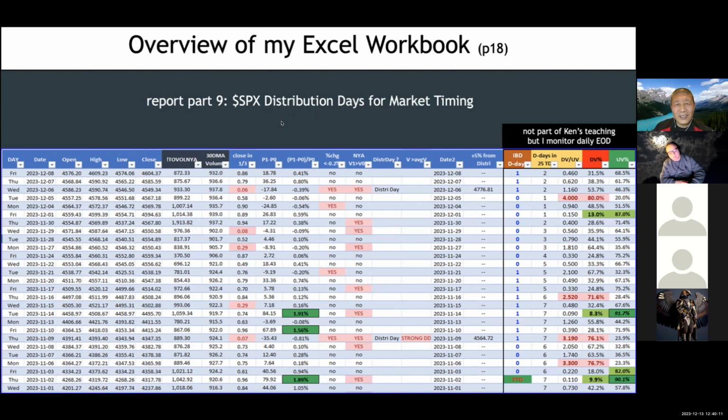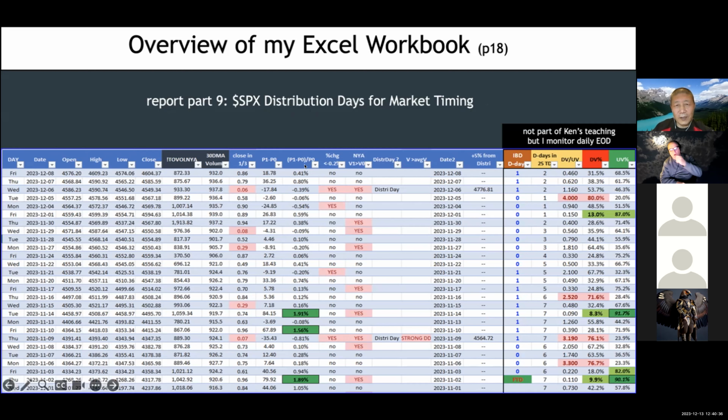Okay, I see that. Yeah, exactly. So right now, it's only one distribution day. There are no big volume down days. So it means nothing for now, not significant yet. Even when we tested the swing high a couple of days ago, yesterday.